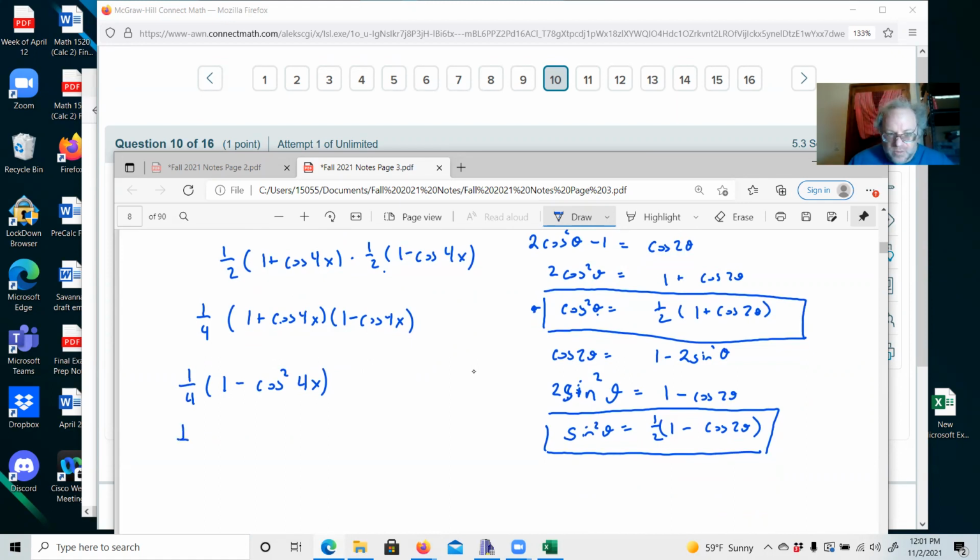So we're going to think this is 1/4 times 1 minus, okay, I hate to do it that way. And cosine squared is equal to 1/2 times (1 plus cosine of twice the angle). So we had 4x, now we're going to have times 2, right? We're going to have 8x.